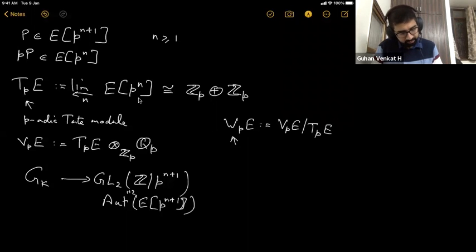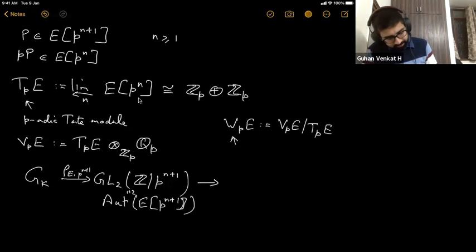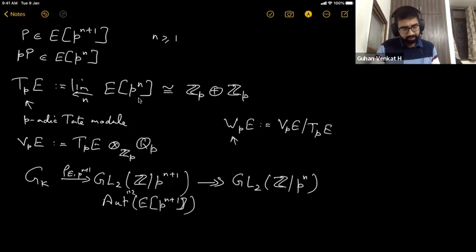So we have an isomorphism here. So let me call this rho_{E,p^(n+1)}. And then I can compose this, I can take the canonical surjection onto GL2 of Z/p^n Z.